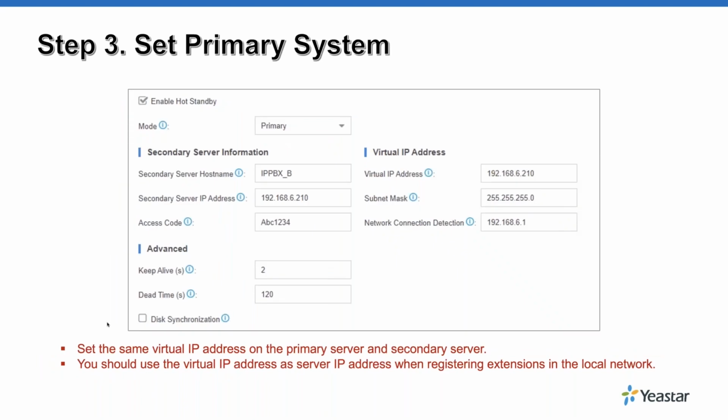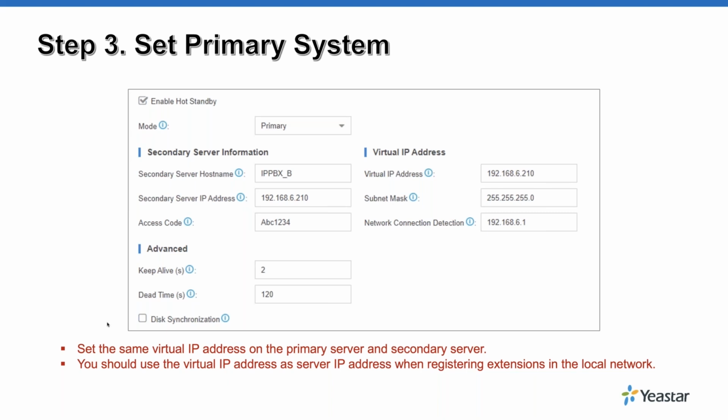Check this out. The third step we're going to do is enable the primary system. So you can simply go to the first PBX, whose IP address is 6.30, I guess it's 36. Then we simply enable hot standby, and we select the mode as the primary system.